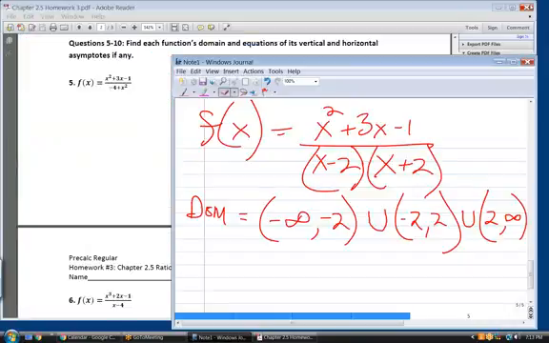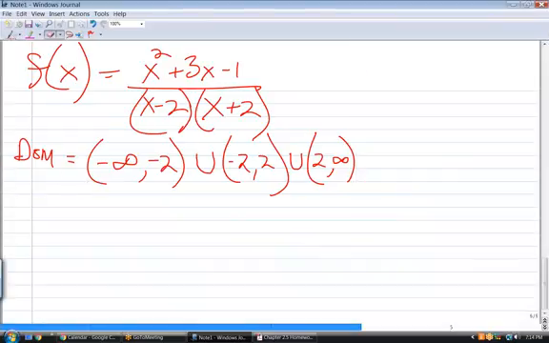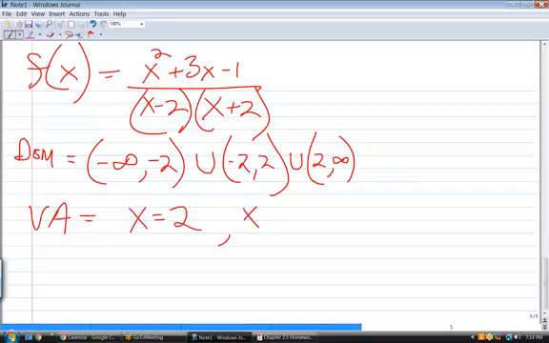And let's see, what else do they ask? Find each function's domain and equations of its vertical and horizontal asymptotes. Okay, so vertical asymptote. What were they? For the vertical, that would be 2 and -2. Correct. And the horizontal?